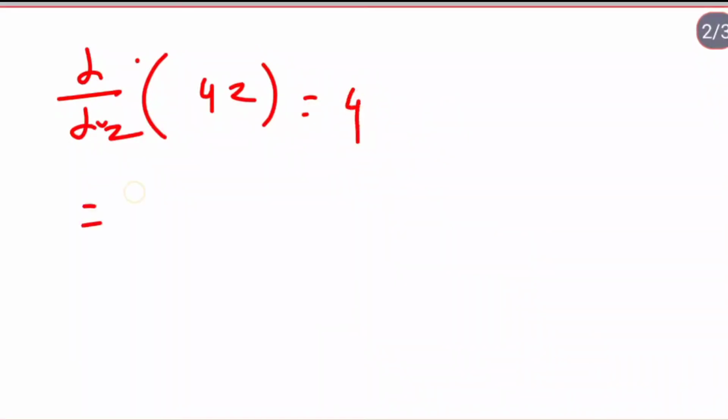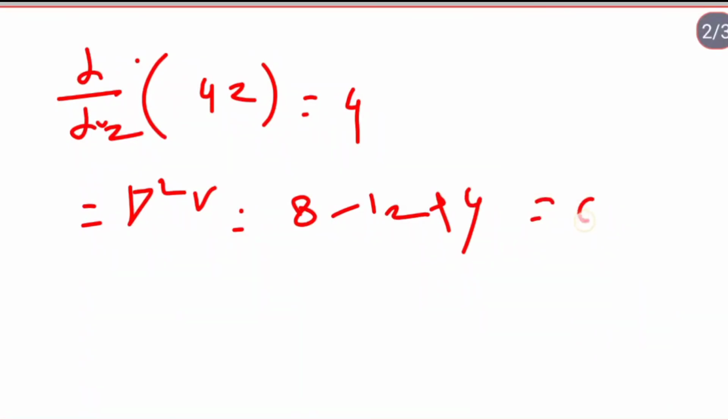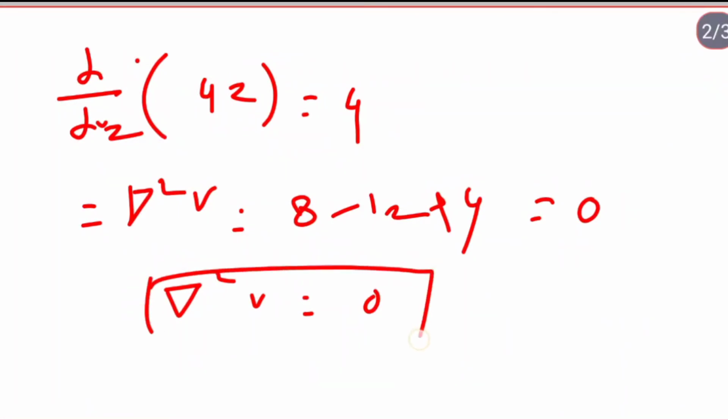Therefore, adding all this, 8 minus 12 plus 4 equals 0. We got del square V equal to 0. Hence the potential field satisfies Laplace's equation. It is a simple problem. We can calculate D bar also by using Laplace's equations.